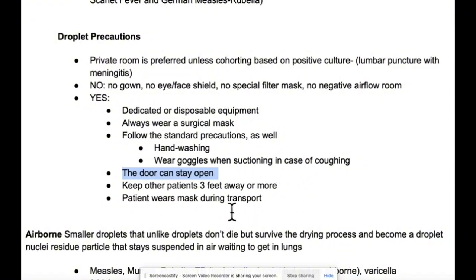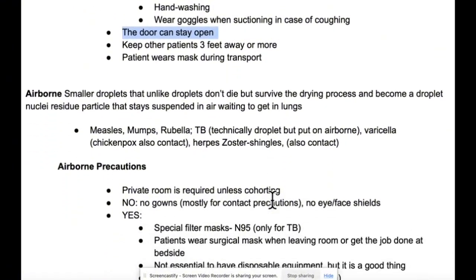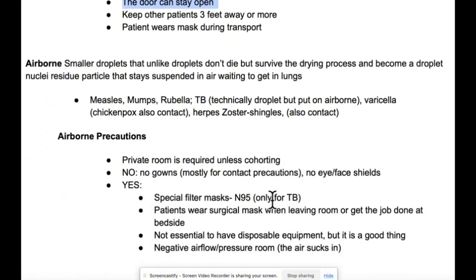Now, the patient should wear a mask when they go outside of the room. All right. Because again, what if you're in an elevator transporting your patient down to imaging, and on their way down there, they have a coughing fit in the closed quarters of the elevator? Then there's always that risk that you might actually communicate a disease to another patient in the hospital who's vulnerable or immunocompromised.